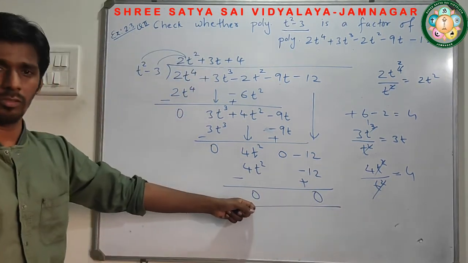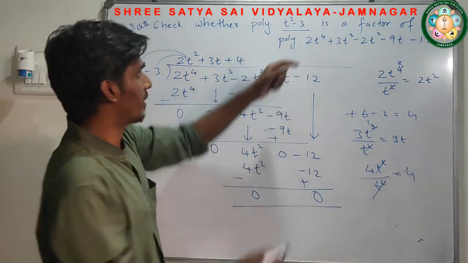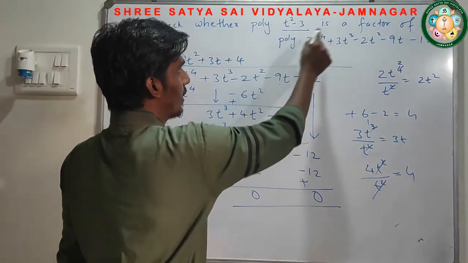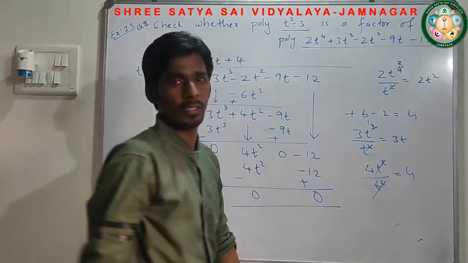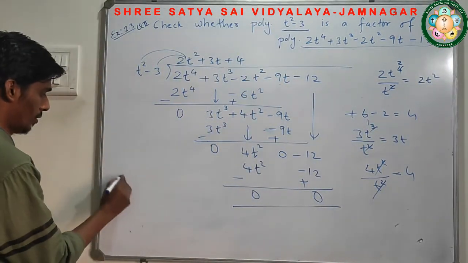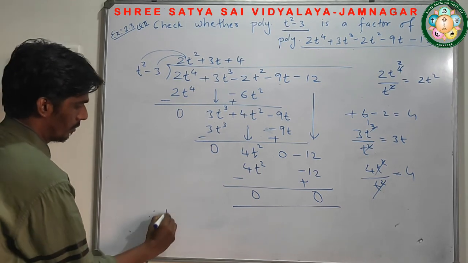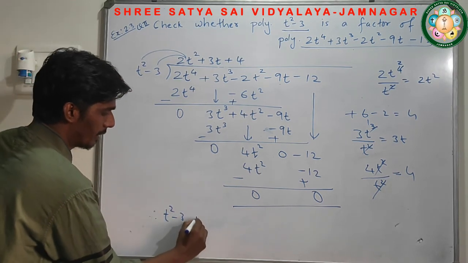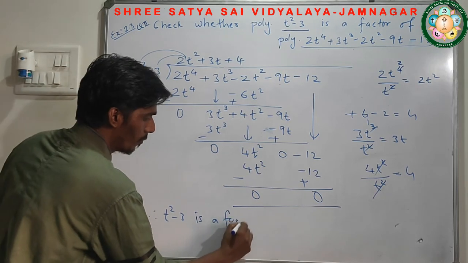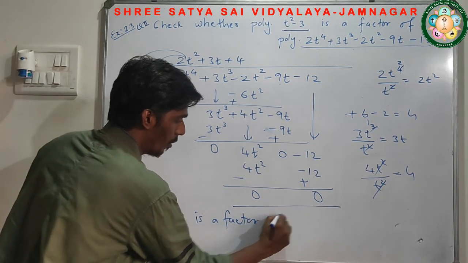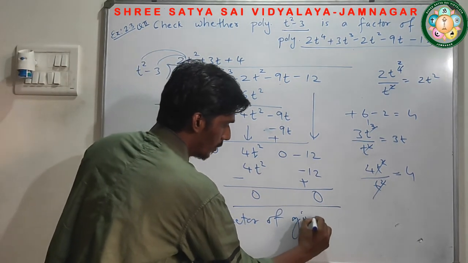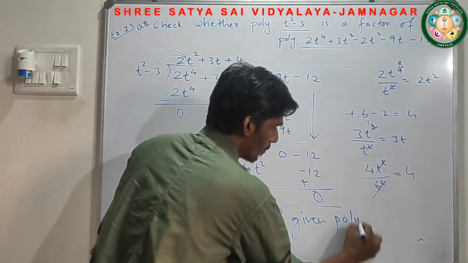So I got the remainder 0. As I got the remainder 0, I can say that this term t square minus 3 is a factor of this given dividend or polynomial. So here the final statement will be: t square minus 3 is a factor of the given polynomial.